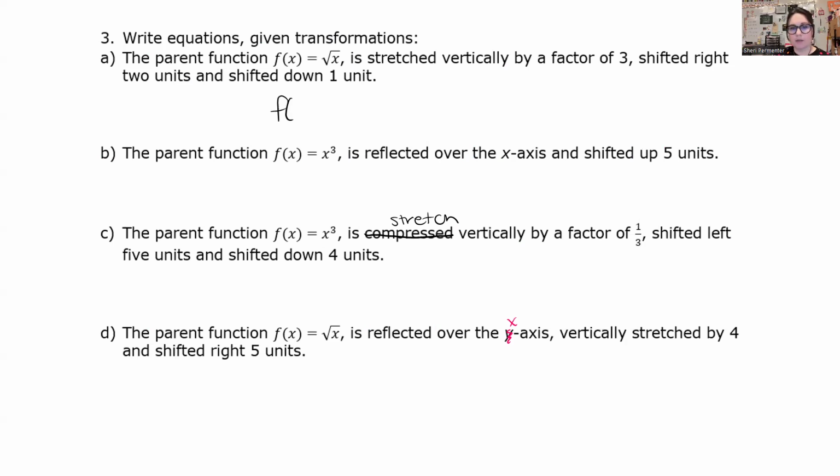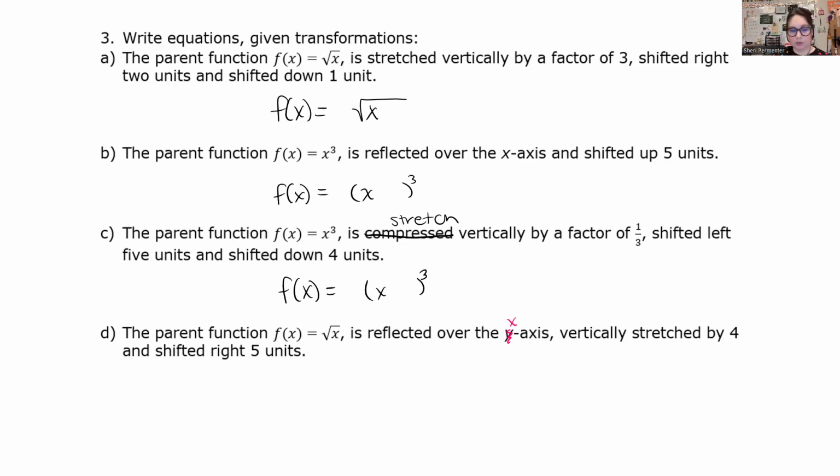The first one's going to have f of x, and I'm going to leave myself a space for a, and then the square root of x. Second one, I'm going to have f of x, leave myself a space, and then put the cubic. The next one is another cubic, so I leave myself a space, and then I have a space for h and k.